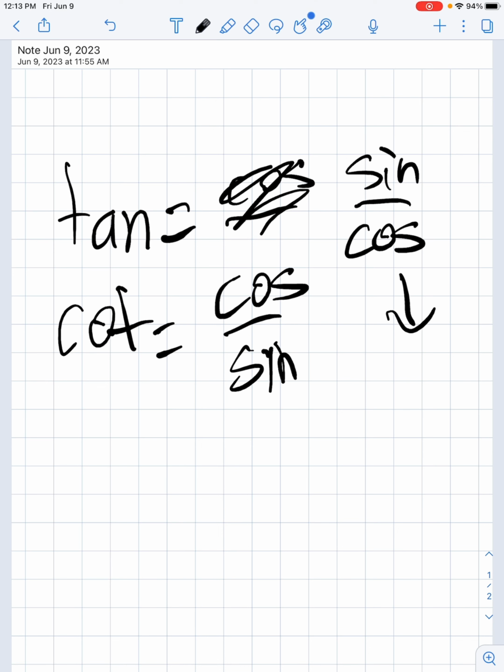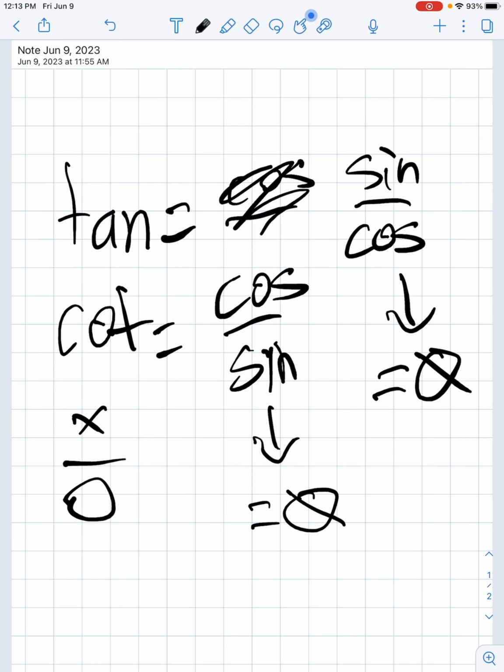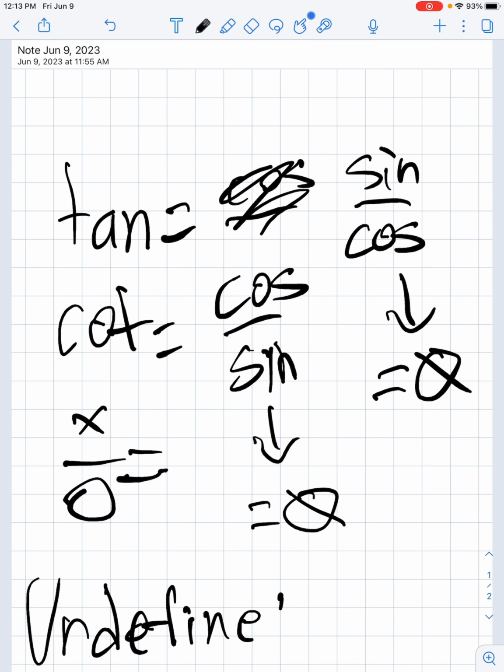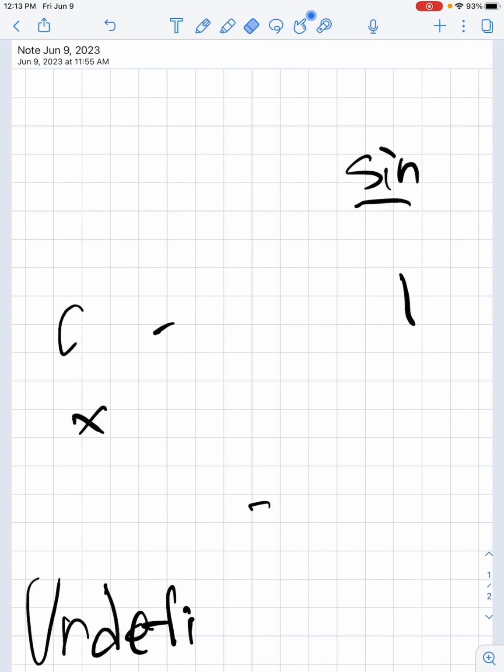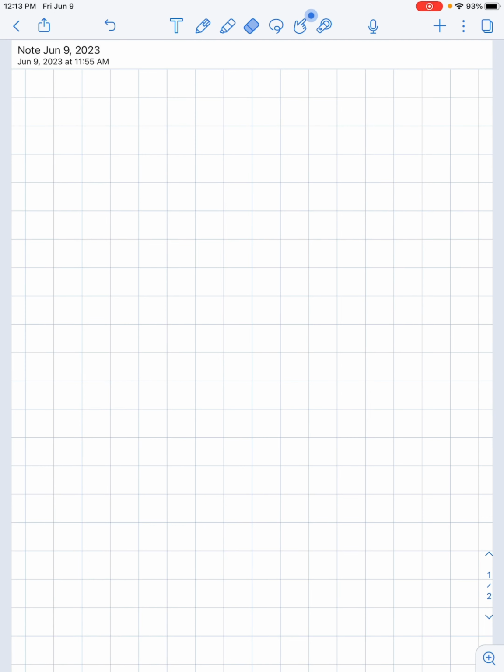And if cosine equals 0, it would be a number over 0 and in the end equal something that is undefined. With that, we can see how asymptotes are made in this scenario in the graphs and show how graphing is different when you graph tangent.